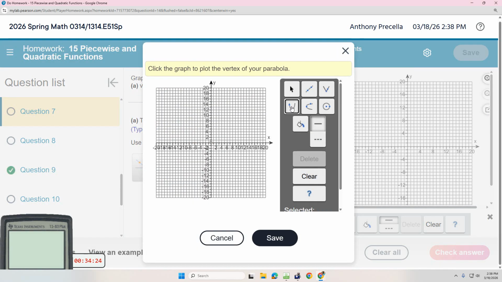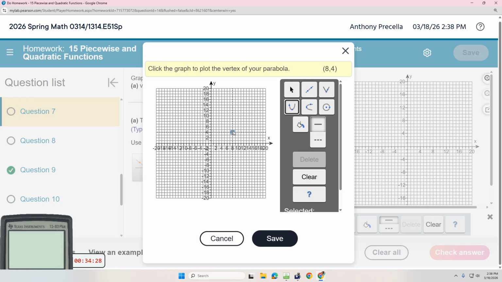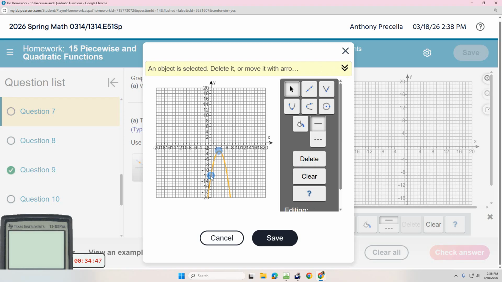Whether it opens upward or downward, there's only one vertical parabola tool. 3, negative 3. Am I at 3, negative 3? Yes. And then the secondary point is 0, negative 12. Am I at 0, negative 12? Yes, you are. Save it.